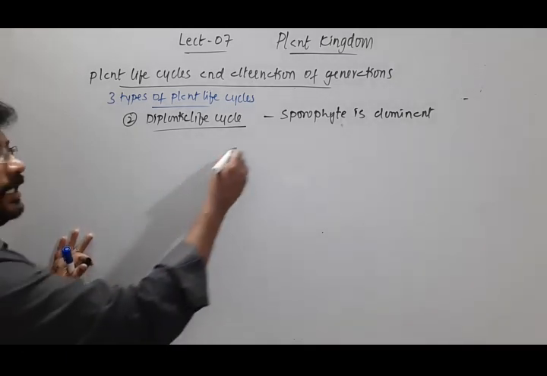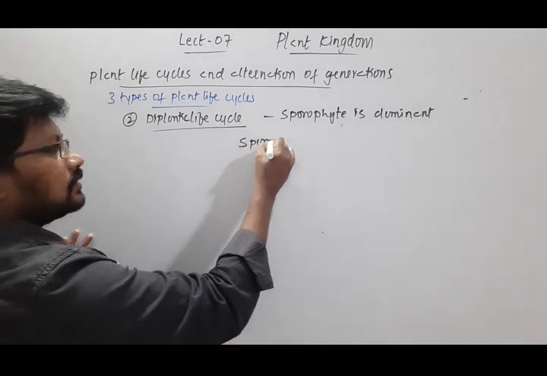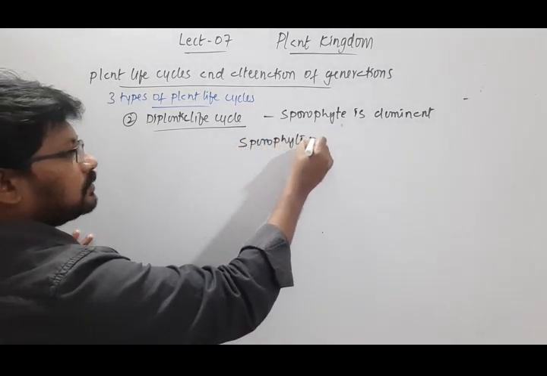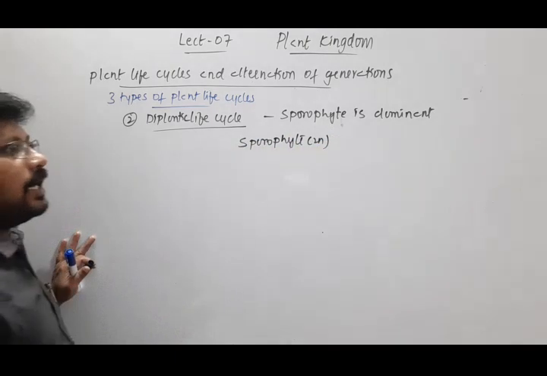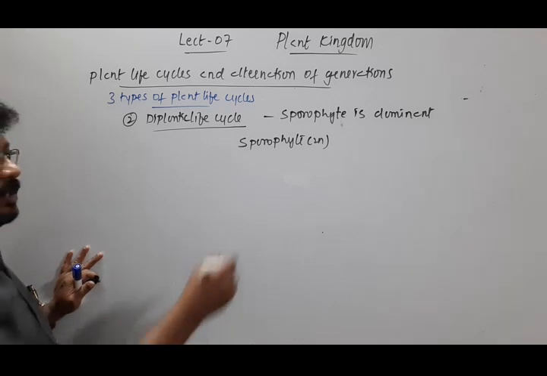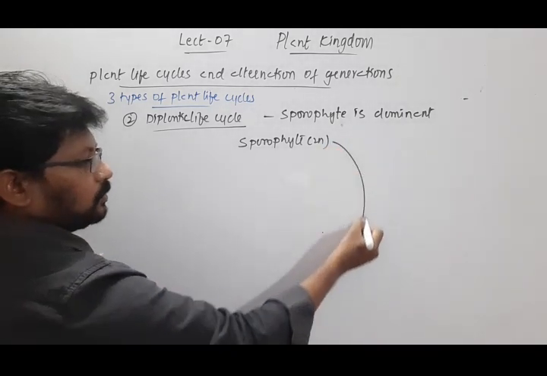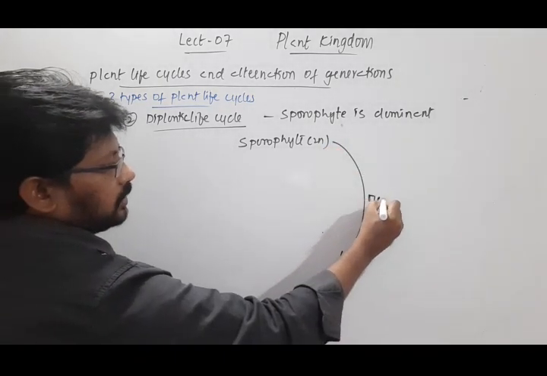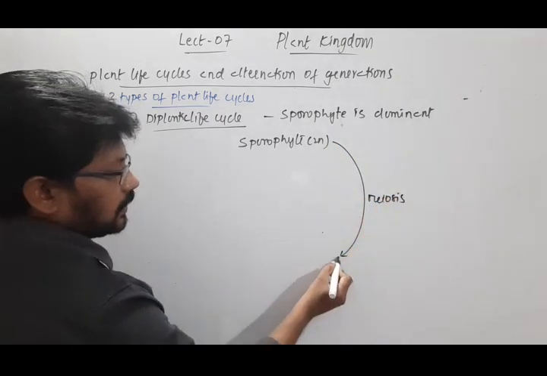So let's see, we'll start with the sporophyte, which is 2n, and this sporophyte is going to produce the spores by means of meiosis.